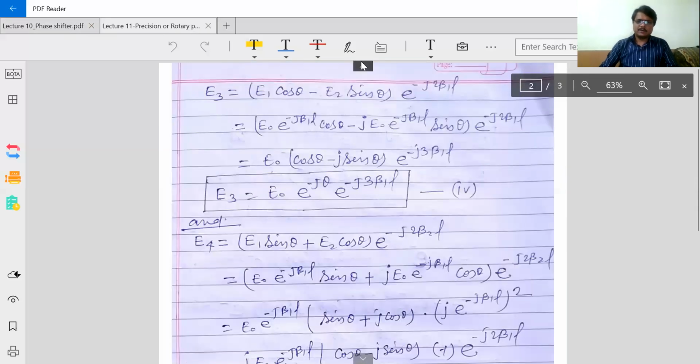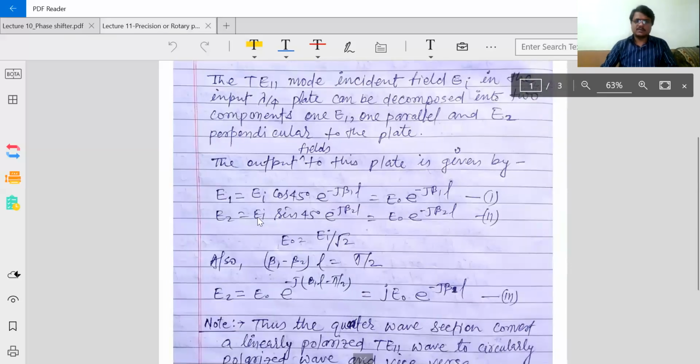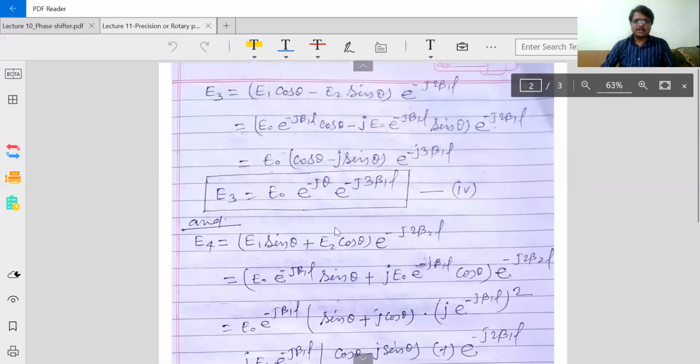We have already calculated it: E2 is j E naught e to the power minus j beta 1 L. By putting this E1 and E2, E naught e to the power minus j beta 1 L and j E naught e to the power minus j beta 1 L, what will happen?